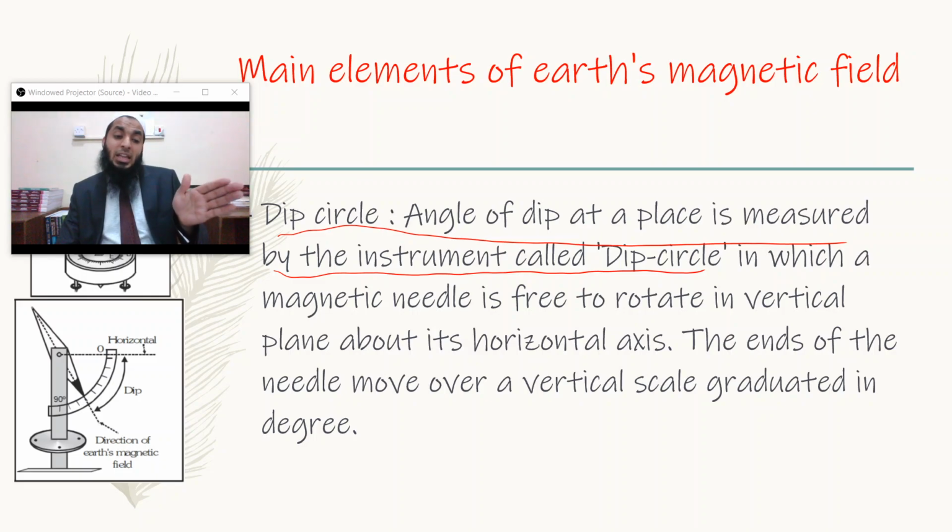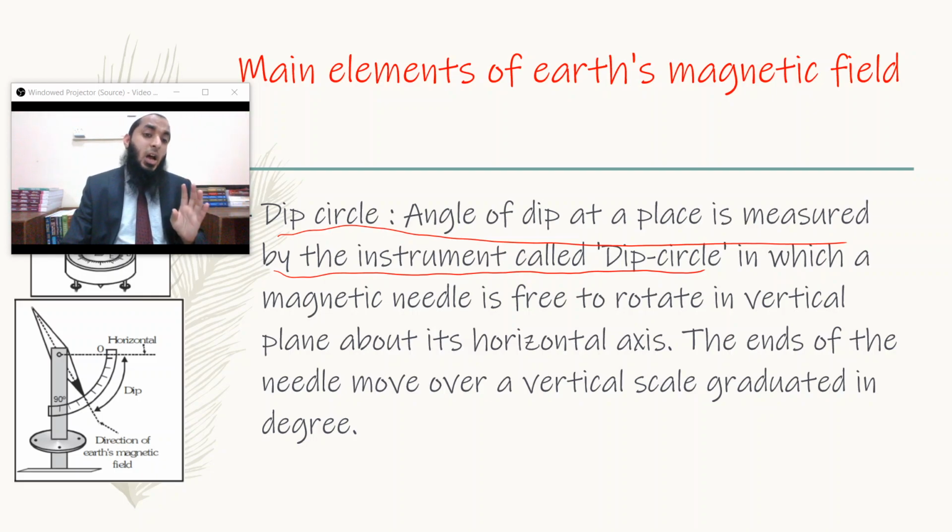If the dip circle is oriented along any vertical plane other than the magnetic meridian, then the angle of dip shown will be apparent dip. It is not the true one. Apparently, it will be different, so the angle of apparent dip will be different from the angle of true dip. We will see the relations between them in the coming slides.